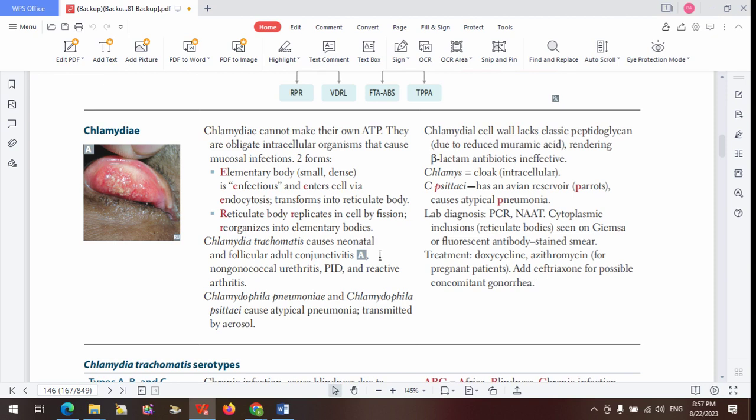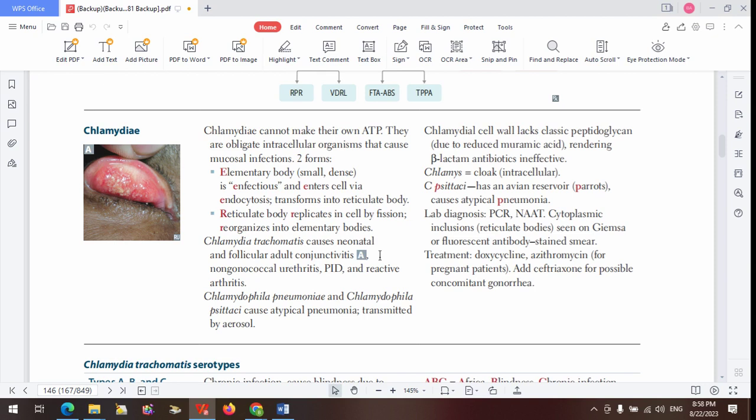If we rule in that Chlamydia trachomatis is causing PID, we give our doxy, we must always add ceftriaxone to take care of Neisseria, unless you rule it out. So we have to understand it very well. If we make diagnosis of PID and we are able to culture Neisseria, we give ceftriaxone, and we also provide cover for chlamydia if we have not ruled it out.